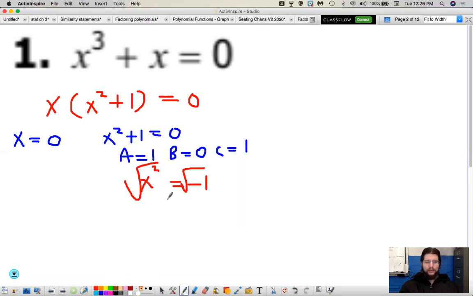Remember, anytime you take a square root, you have to do plus or minus. So we get x equals, and square root of negative 1, that is i. So a positive i, and we get x equals negative i. There we go. So our three answers are 0, i, negative i. Done.